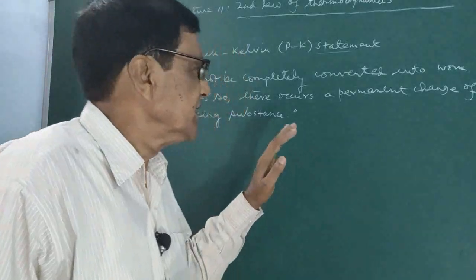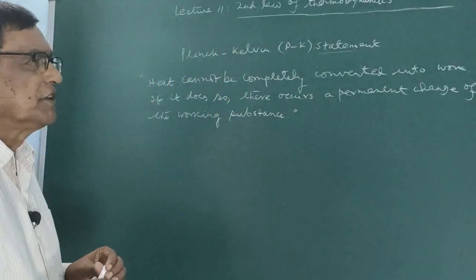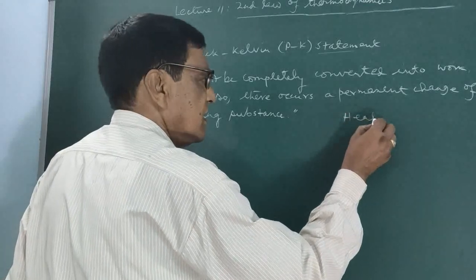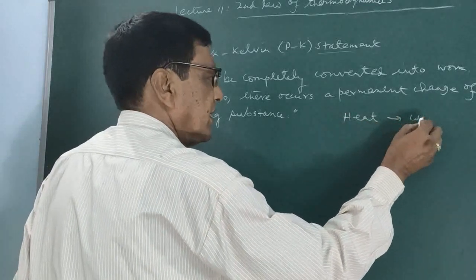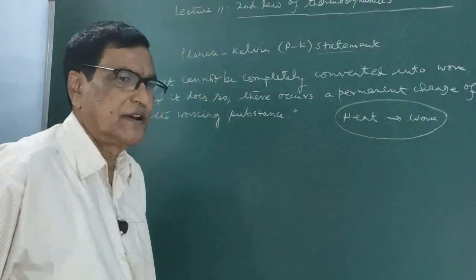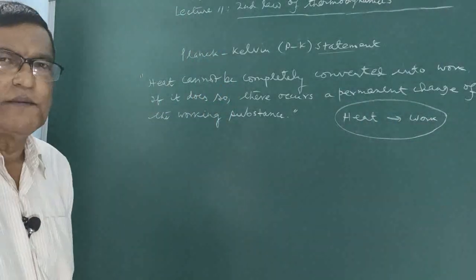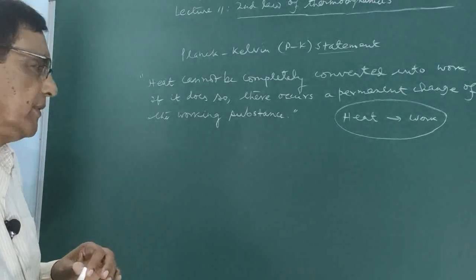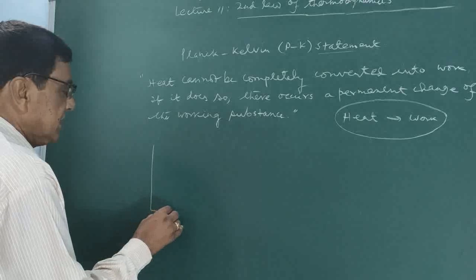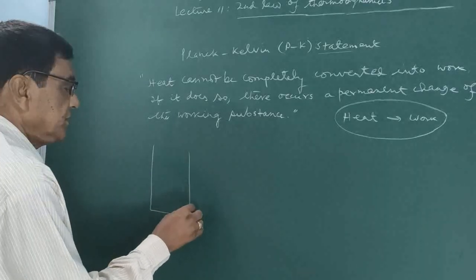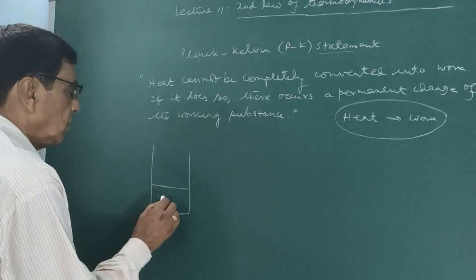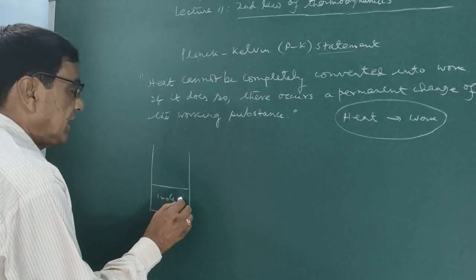We can illustrate this one for the conversion of heat into work. Let us illustrate this one by an example. Say here is a cylinder containing 1 mole ideal gas.